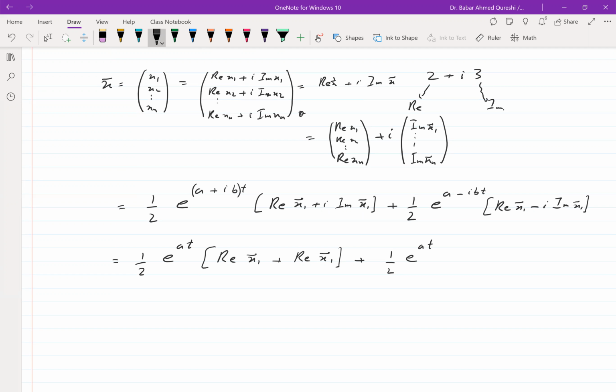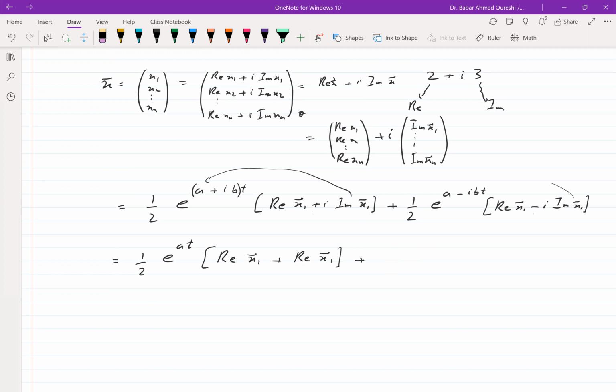Then this time I collect the terms with an iota. So this part coming with this and this part, they cancel because there's a negative sign.